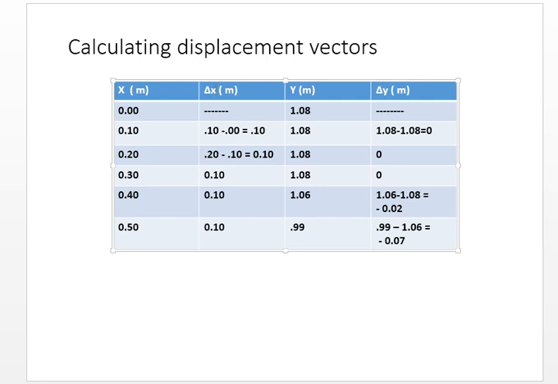So you're going to have to look at your data chart and figure out how much time lapsed between the first point and the second point, and you're going to divide the 0.10 by that time. Now, it should be the same difference in time, right? Because the frame rate is 1/15 of a second, or 0.067 seconds. So in this case, to find my Vx, I'm going to take my delta x and divide it by the change in time between each successive point.